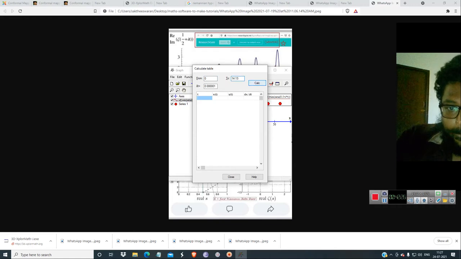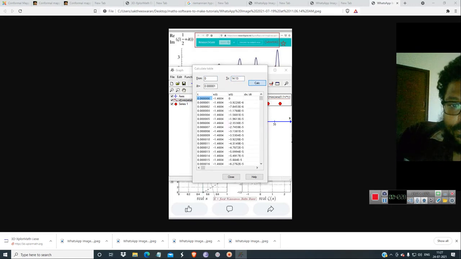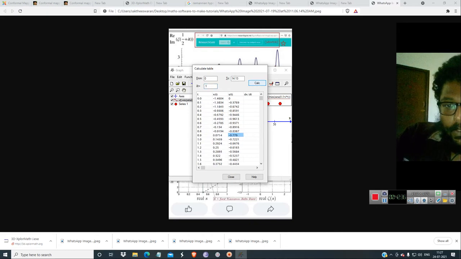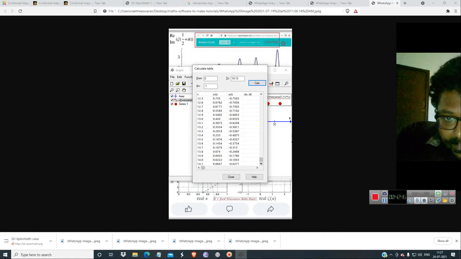Okay, let's go there. Oh, it's going to take a long time. I'm sorry. So let's go to 0.1. This is a calculator that is available over there. So you just go down and you can see that for 14.1 there is some 0.47 or something over there. So let's go even beyond that.